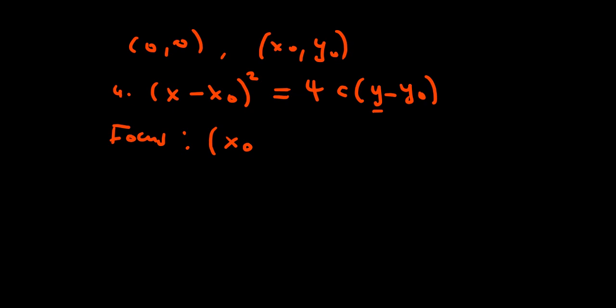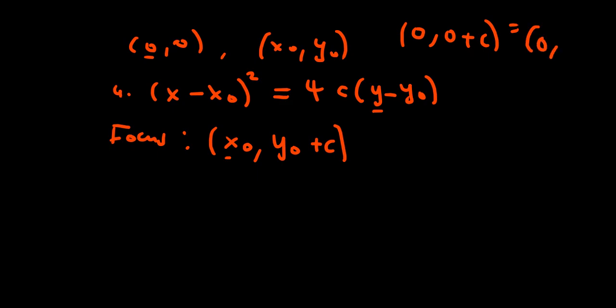There it was 0, because our vertex was 0. But now our first point is x naught. Then you add your c to the y naught. In the other case it's 0, and we were adding our c to there. That's why we were just getting 0 comma c. Okay, so this is what will be your focus.